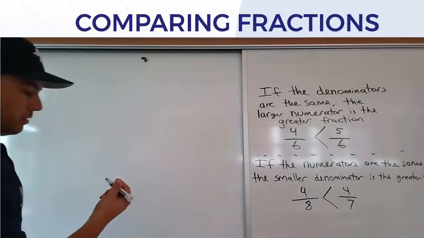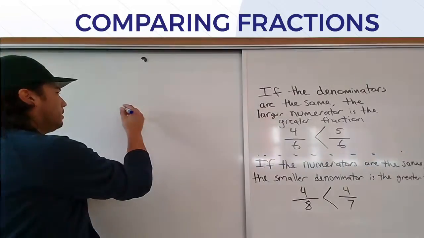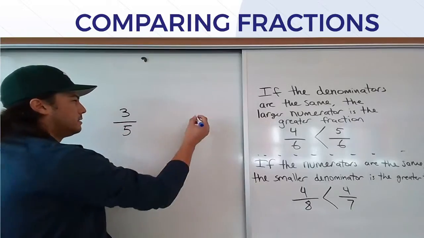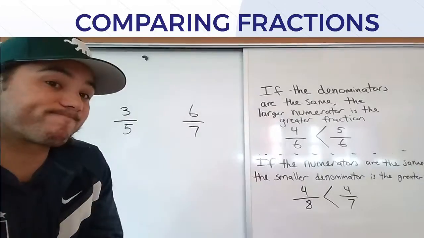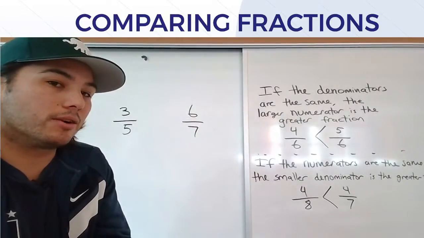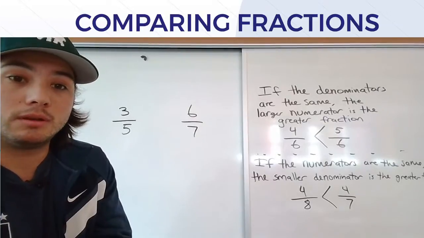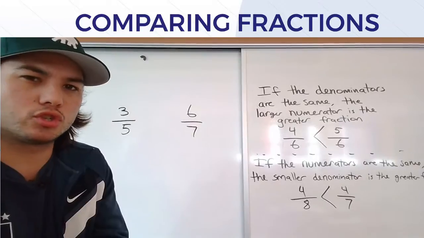All right. So if we had something like, let's say, 3/5 and 6/7. Now, our numerators aren't the same, and our denominators aren't the same. So it's tough to compare these straight away.